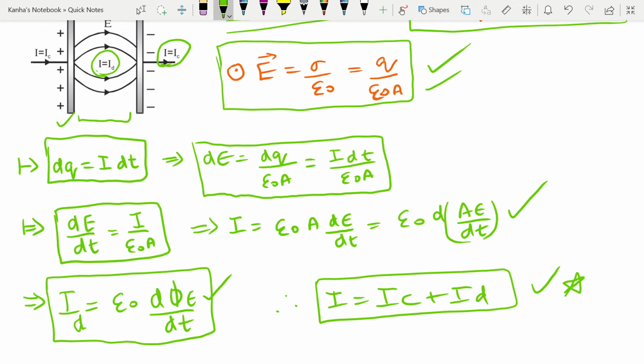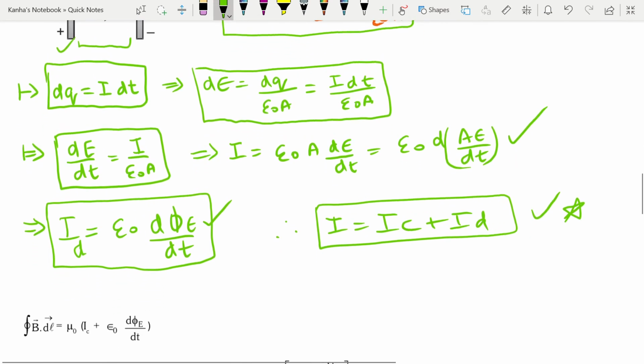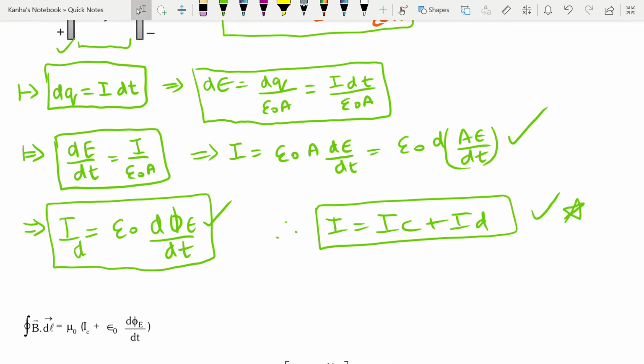Using this, our Ampere's circuital law is slightly modified. Instead of having just IC, which gives the integral of B dot dl equal to mu naught into IC, I have the integral of B dot dl equal to mu naught IC plus mu naught epsilon naught d phi E by dt.